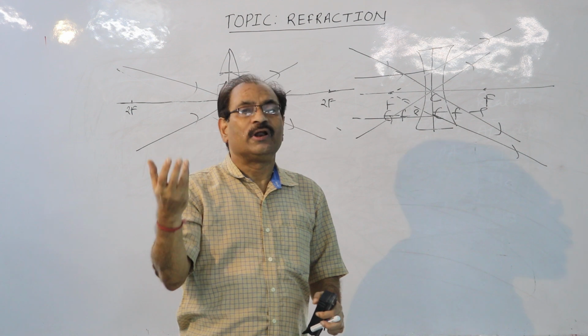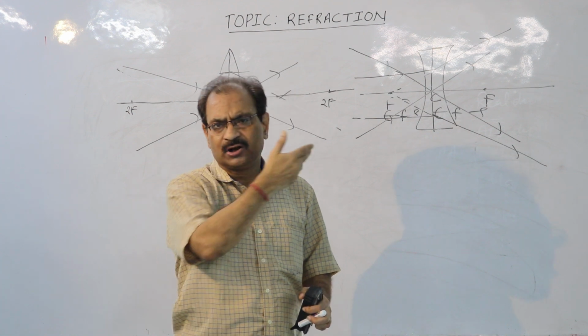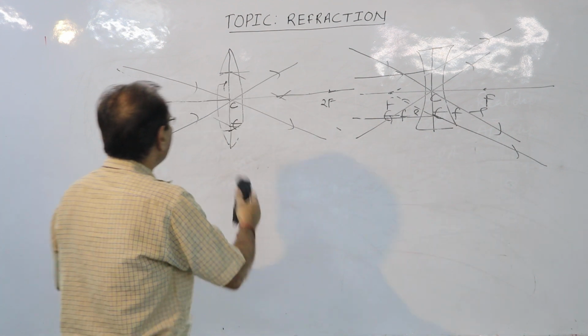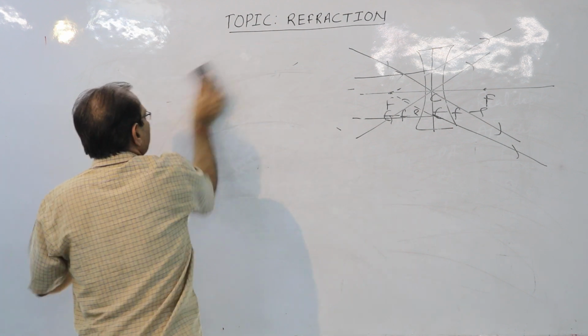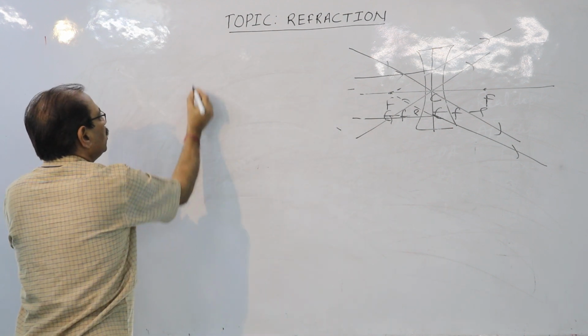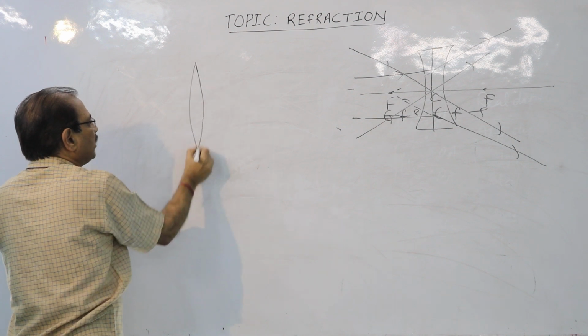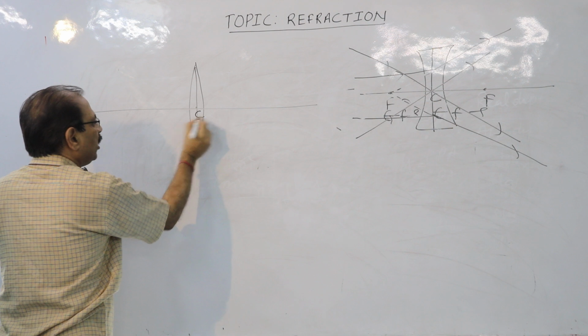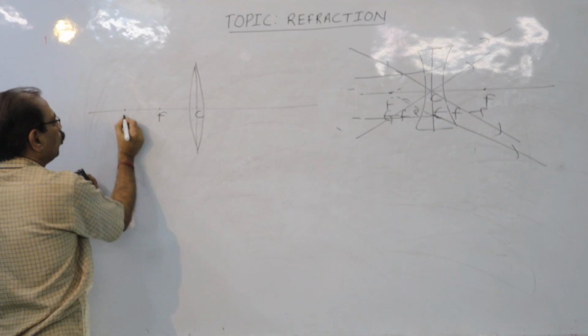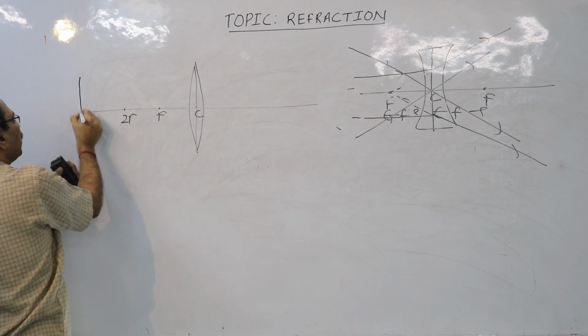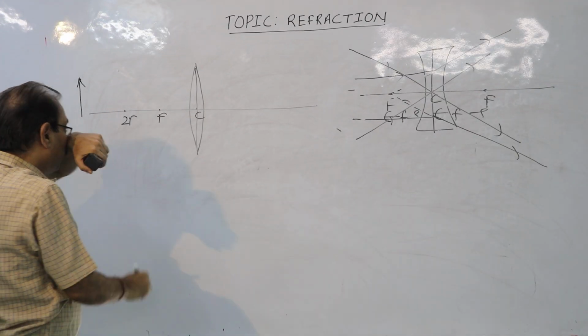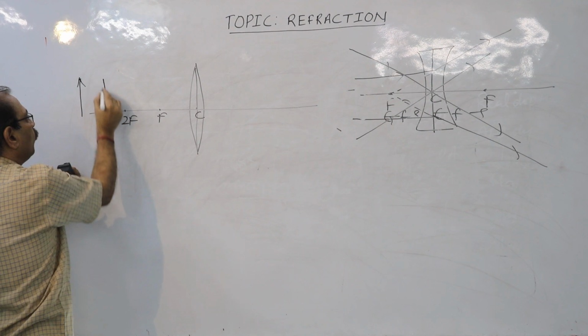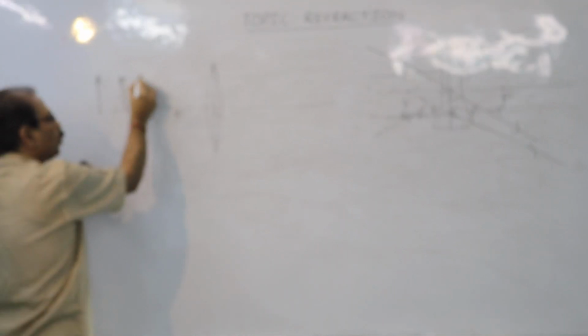Next I would like to discuss the formation of images by these lenses. Let us start with the convex lens. Children, I mark different points: optical center, F, 2F. Option 1: keep the object at infinity. Number 2, beyond 2F. Number 3, at 2F.